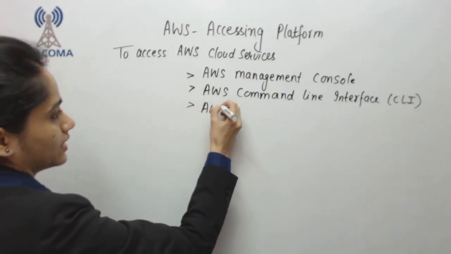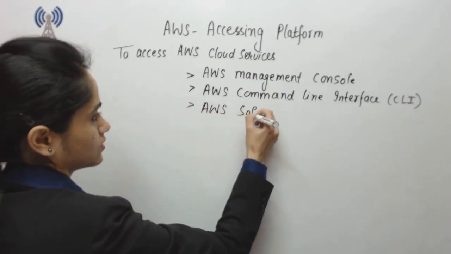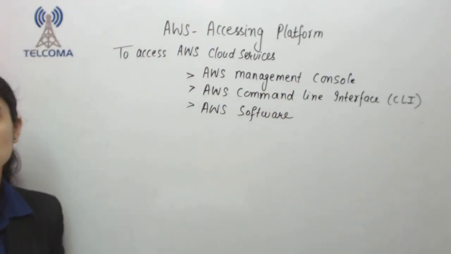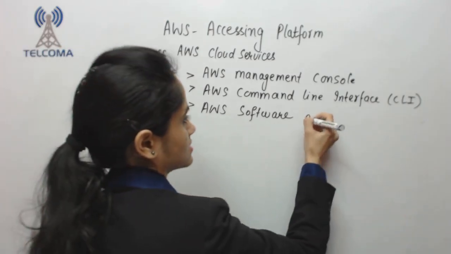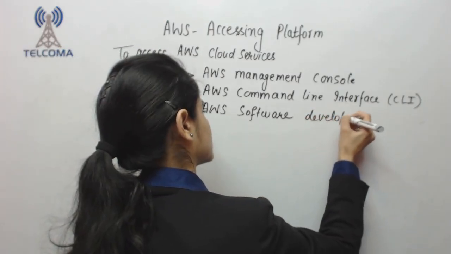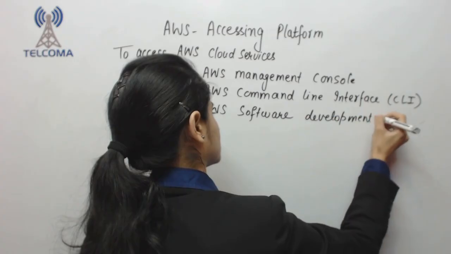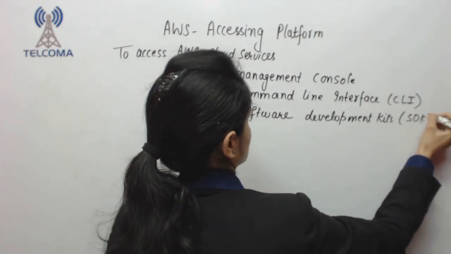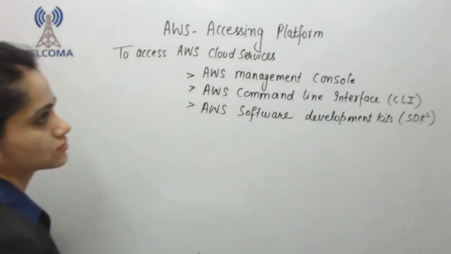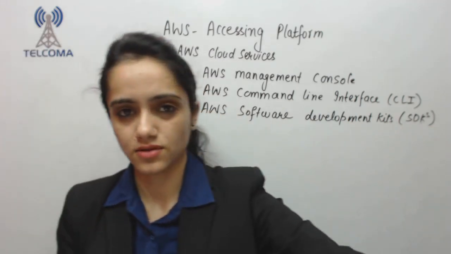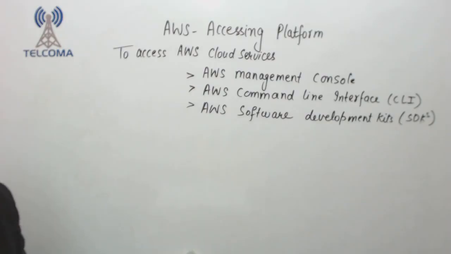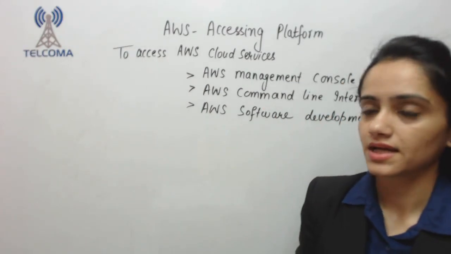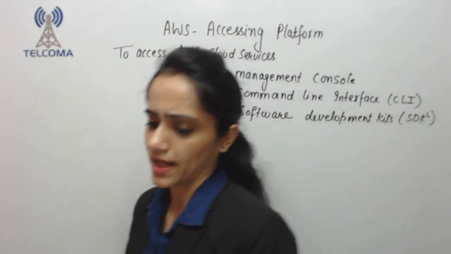And we require AWS Software Development Kits. So to access AWS cloud services, we require the Management Console, the CLI, and the Software Development Kits. Now let's discuss the Management Console.